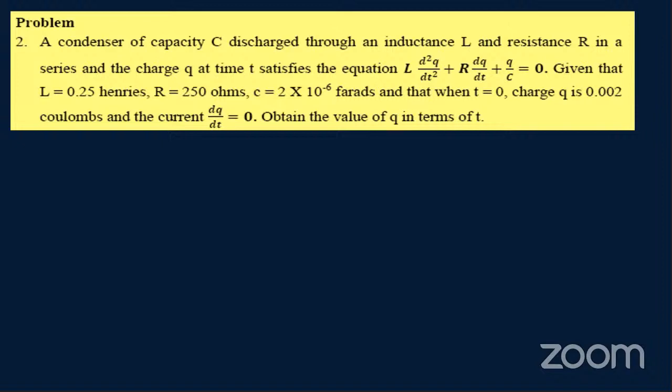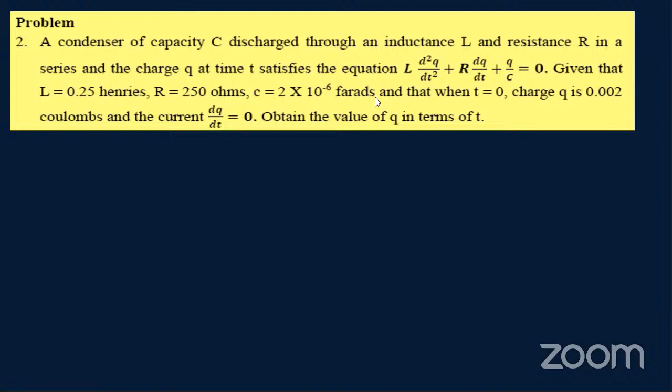Given that inductance is 0.25 Henries, resistance is 250 ohms, and capacitance is 2 into 10 to the power minus 6 farads. Initially, when t equals 0, the charge q is 0.002 coulombs and the current dq by dt equals 0. With all this information, we need to obtain the value of q in terms of t.